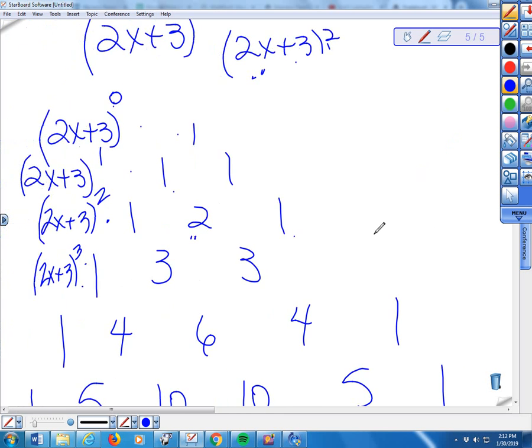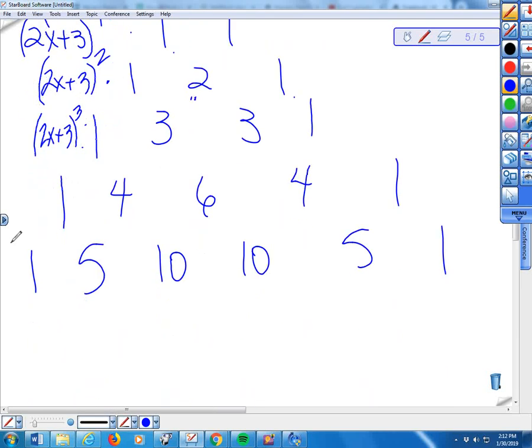One, two, one. There's supposed to be a 1 here. So this row will be to the fourth.